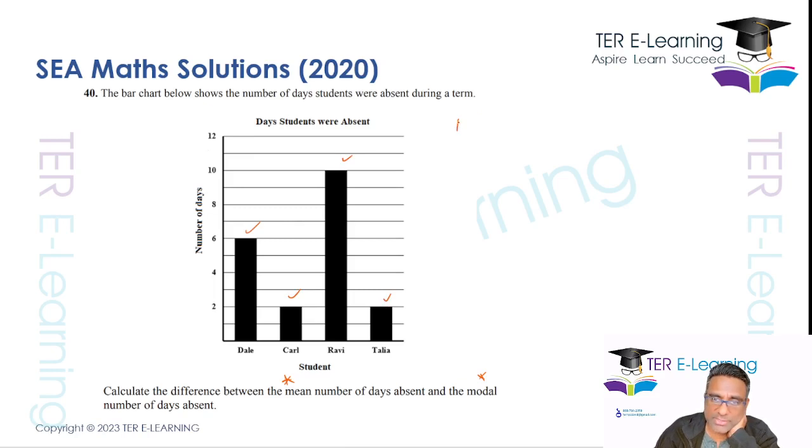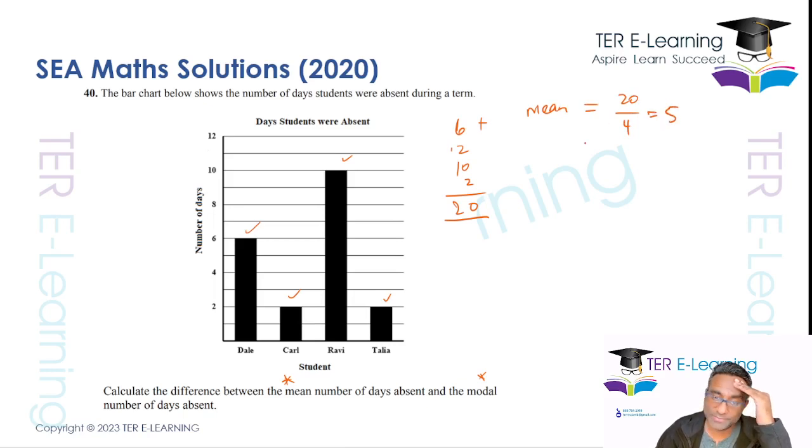So this is 6 plus 2 plus 10 plus our next 2. So that's 6 and 2, 8, and 2 is 10. So that's 20, right? So that's the total number of absences, but we have 4 of them. So the mean is going to be 20 over 4, and that's going to give you a 5, right?